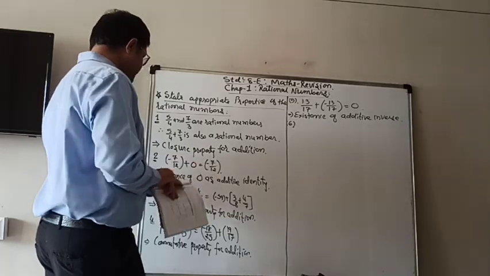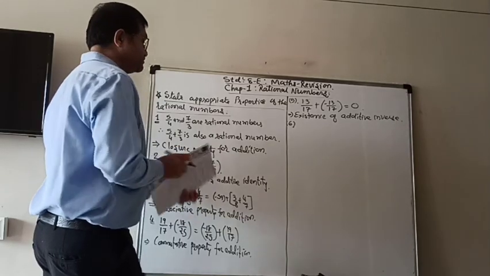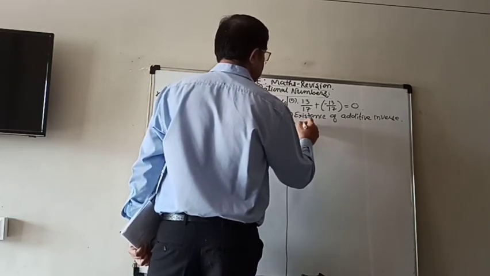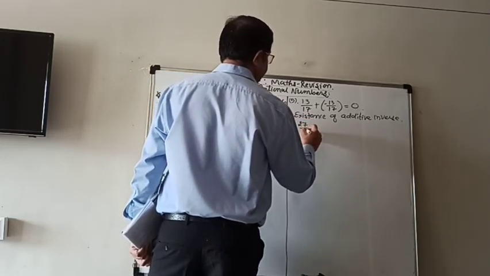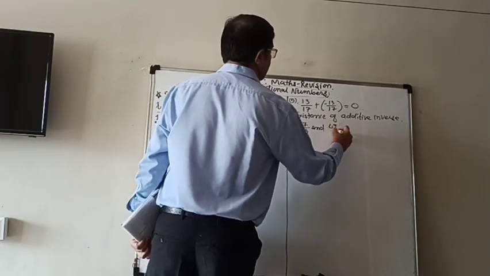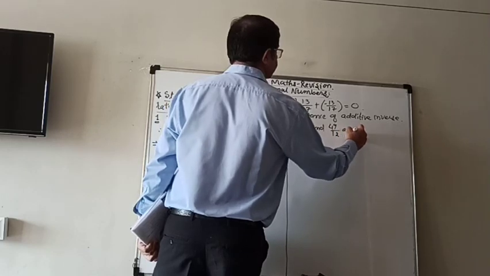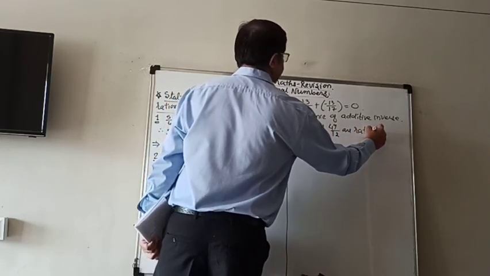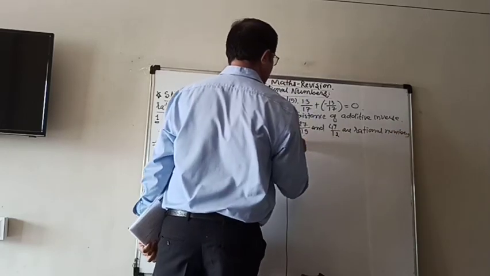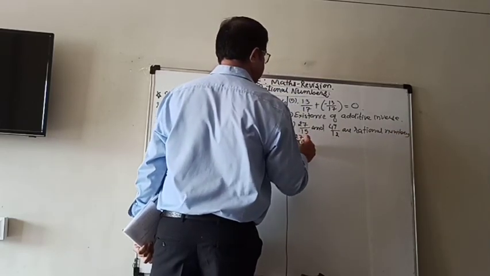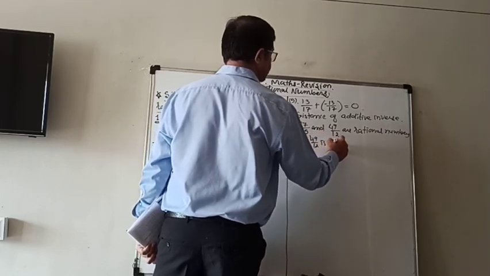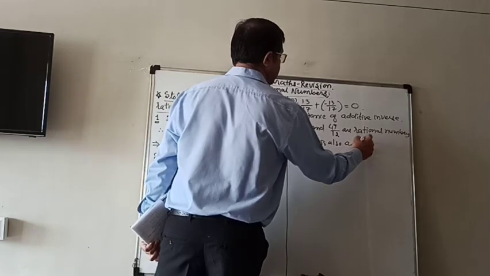Then maybe a few for the multiplication also. 27 upon 15 and 49 upon 12 are rational numbers. So 27 upon 15 multiplied by 49 upon 12 is also a rational number.